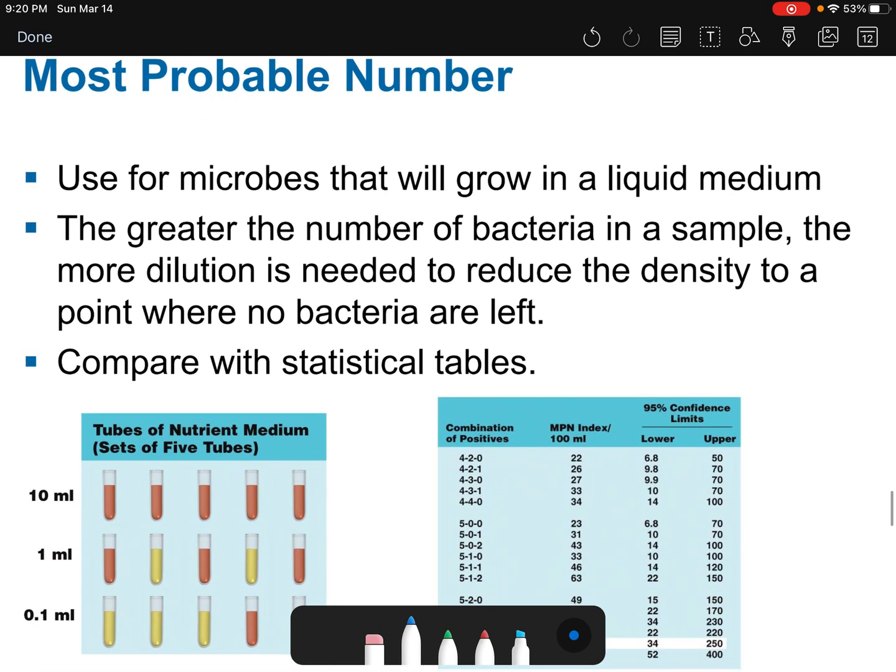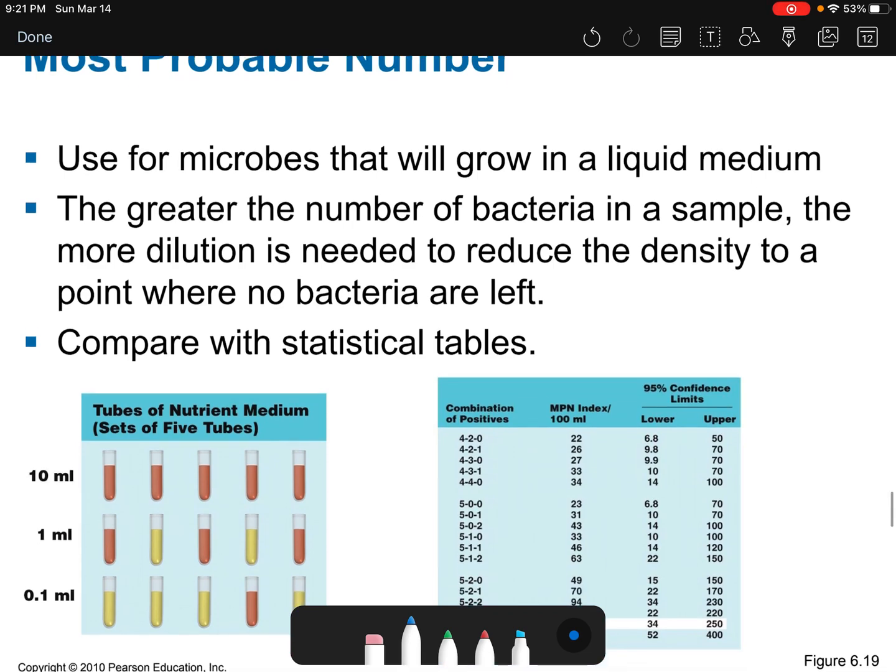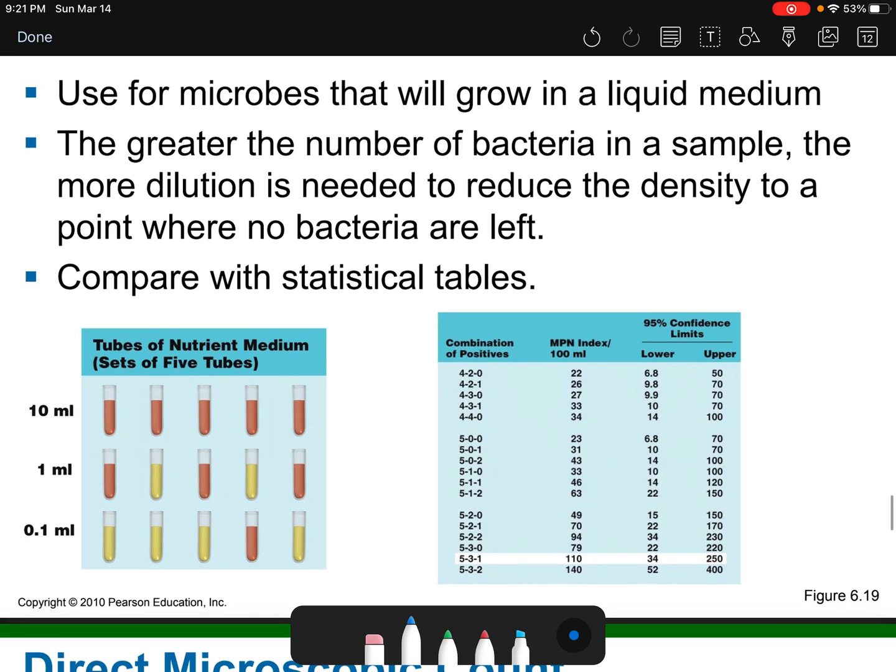We can also use what's called a most probable number, and this is for microbes that grow in a liquid medium. We take that sample, dilute it, and compare it to a statistics table. We look at here, if we took 10 milliliters out, then 1 milliliter, and then 0.1 milliliter, how many of these would change to that yellow color?